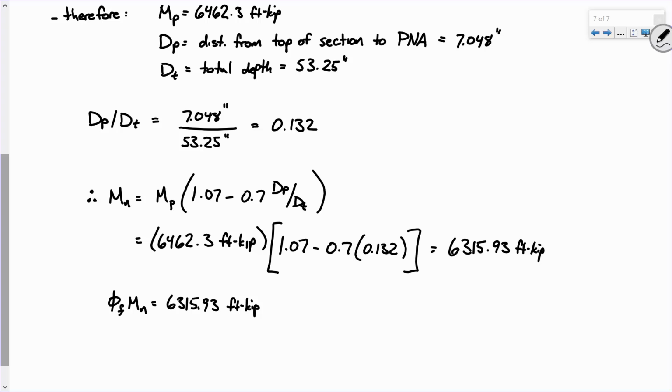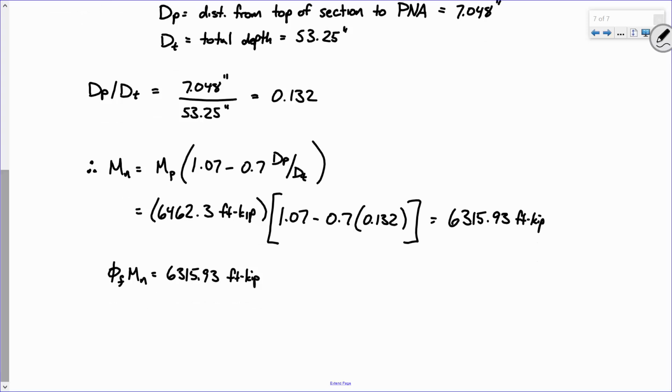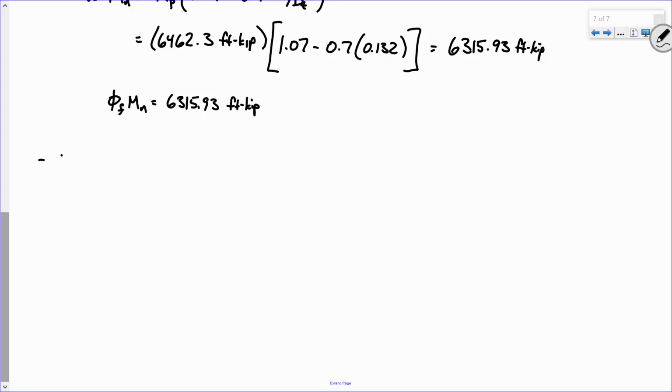So if I say, all right, now let's do factored moments. So we've got MDC1, and I'm just going to leave it in foot kips, so it's what, 702.74. I've got MDC2 is 146.08.